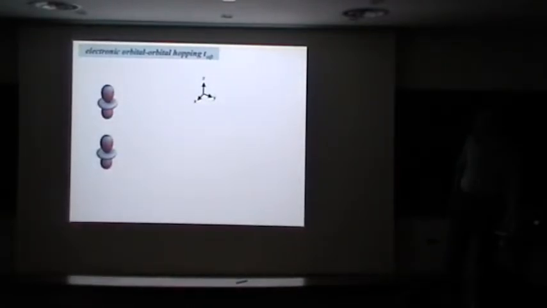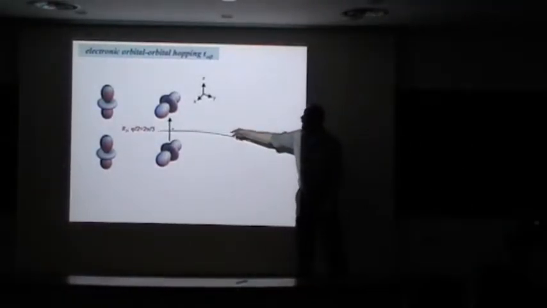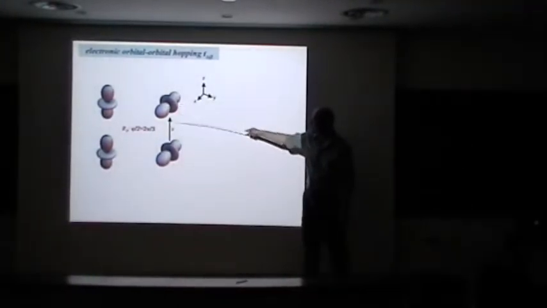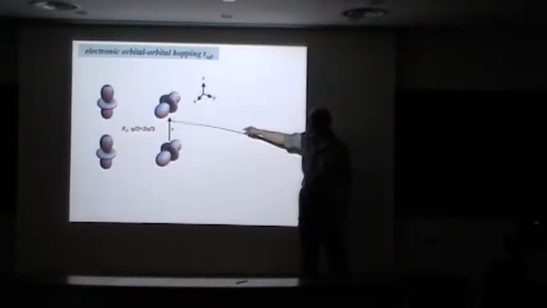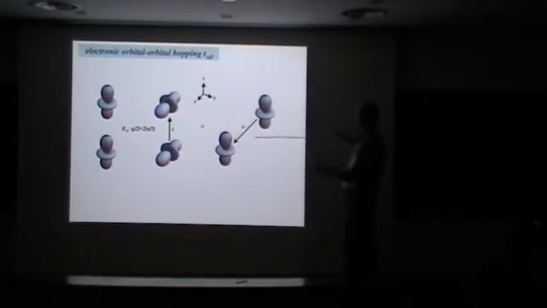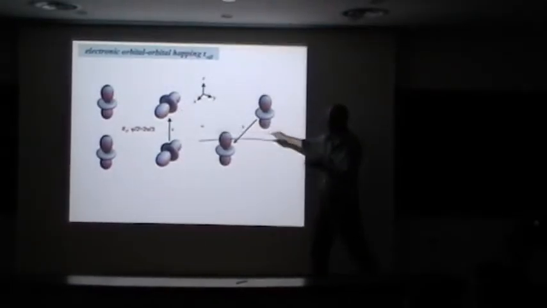What does this mean in terms of picture? I have this hopping that's 1 between those two orbitals. I rotate both orbitals by 2 pi over 3. And now the hopping I consider is between these two, while the hopping between these two is of course exactly the same, by rotating this whole thing and putting them along the x-axis. Just rotating in my mind along the x-axis.